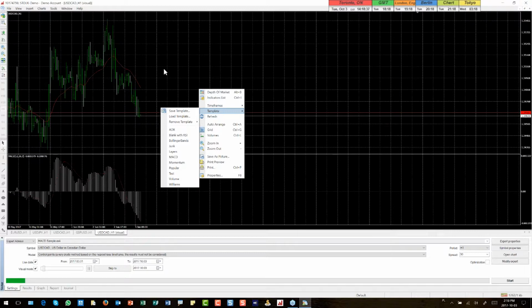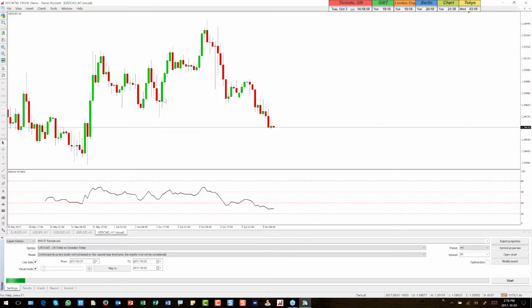Basically, it will show us that chart, which is an offline chart, and this is what we see here. Now, how we can test anything else here is very simple. You remember when I showed you that there is a possibility of saving templates where we set up our charts, change the colors, and use the indicators that we would like to use.